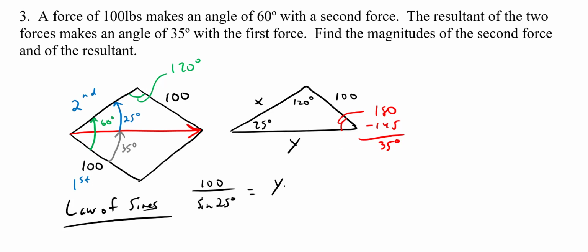We'll do the resultant first. Cross multiply and solve, so y comes out to be 204.92 pounds. So that is the resultant.